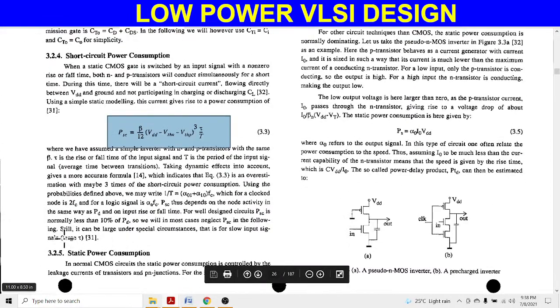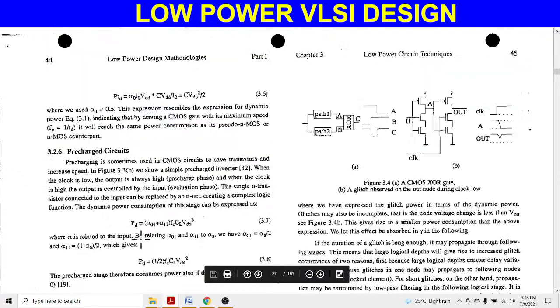Now the next one is static power consumption. Why does static power dissipation occur? This type of power dissipation is generated due to the leakage current, which is generated in all semiconductor devices.